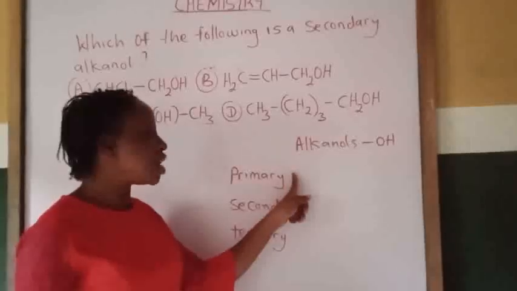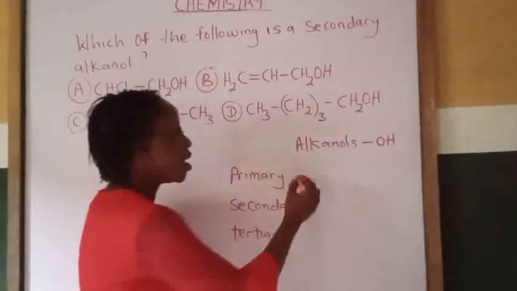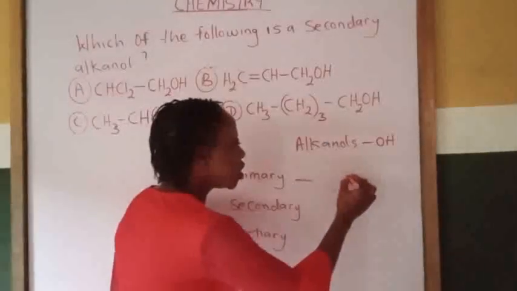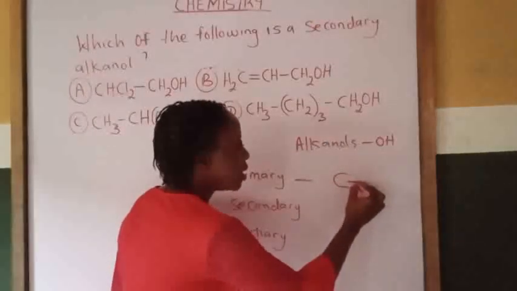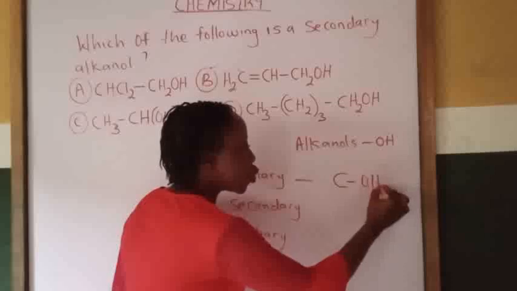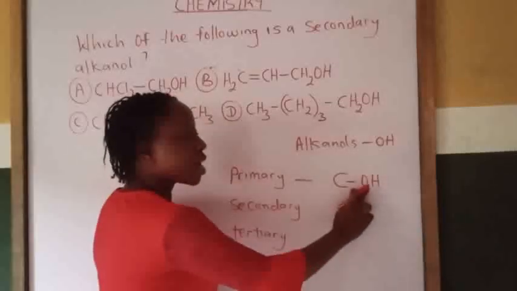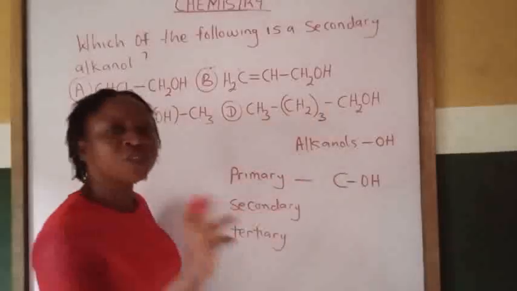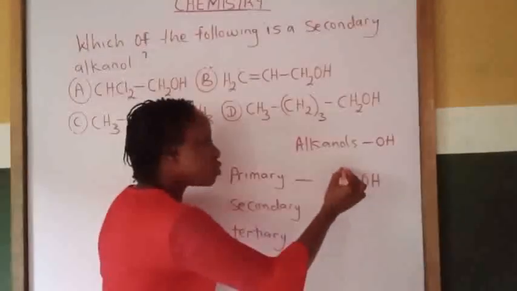How can you recognize a primary alkanol? A primary alkanol is the type of alkanol in which the carbon atom that holds your functional group OH has two hydrogen atoms attached.